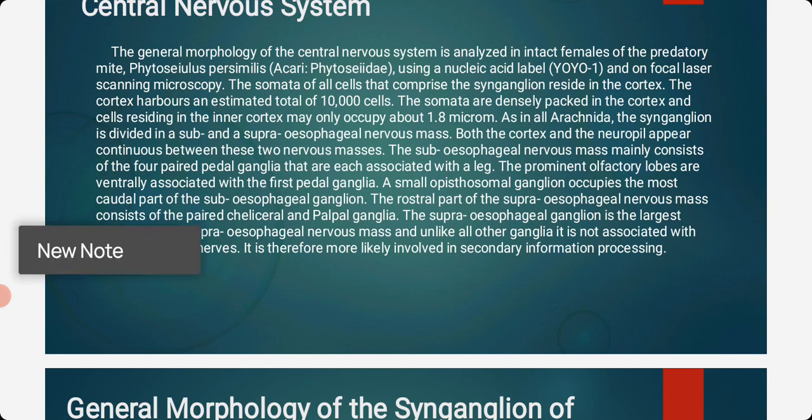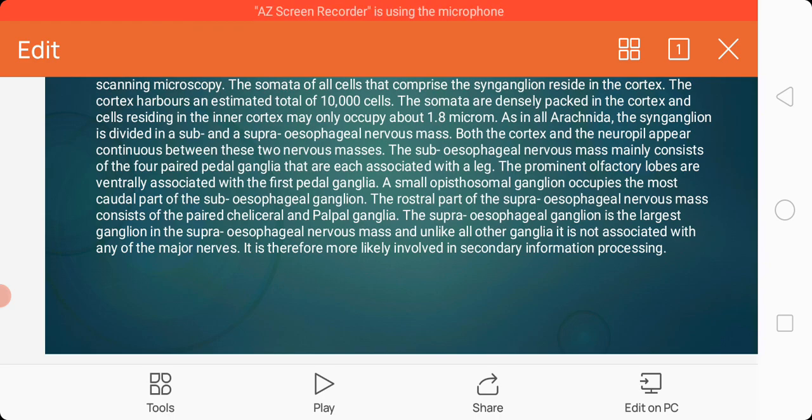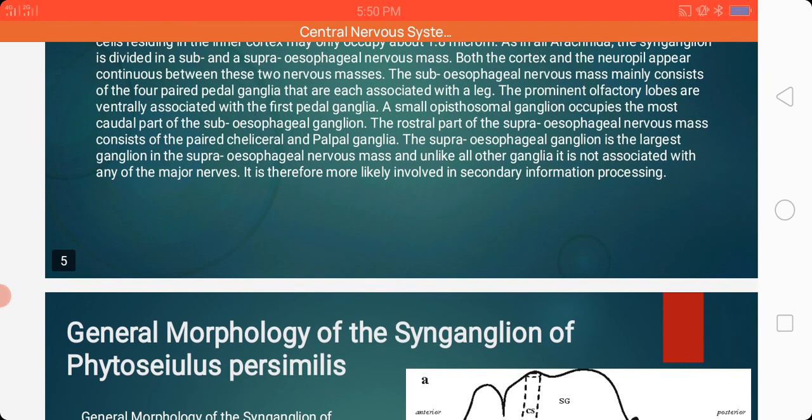The supraesophageal ganglion is the largest ganglion in the supraesophageal nervous mass, and unlike all other ganglia, it is not associated with any of the major nerves. It is therefore more likely involved in secondary information processing.